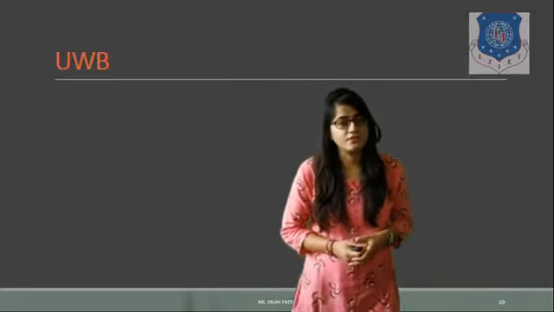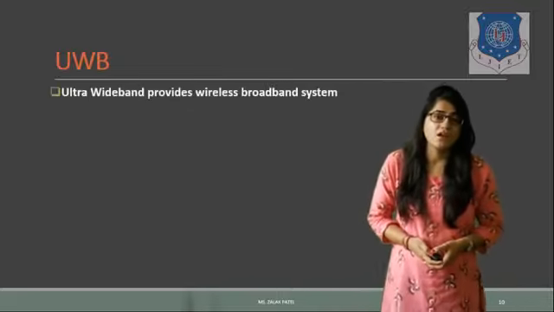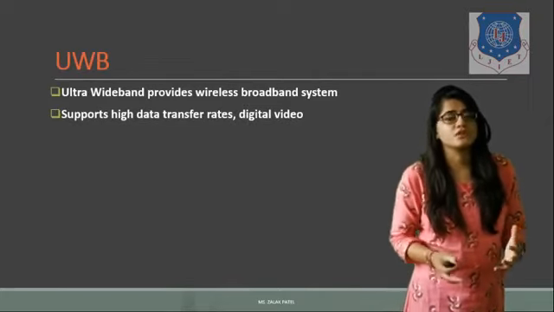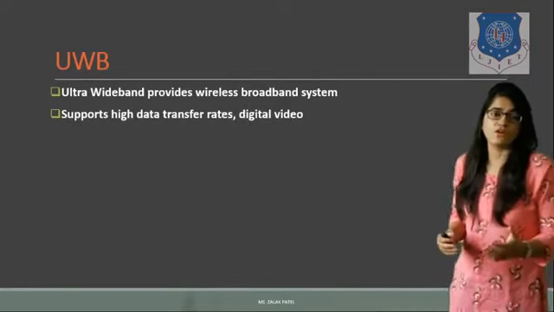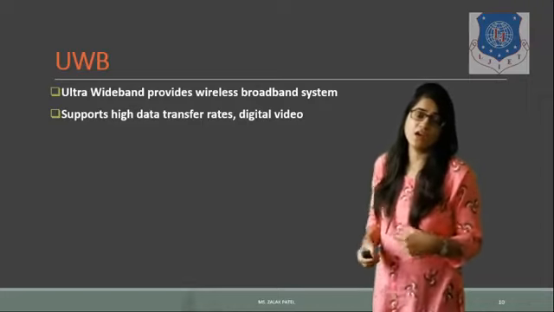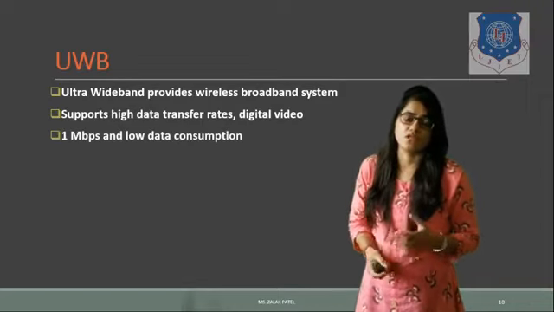Then let's talk about another recent technology, that is the UWB, means ultra wideband. Now, first of all, why do we use ultra wideband? Because it offers high data transfer and digital video is possible with it.